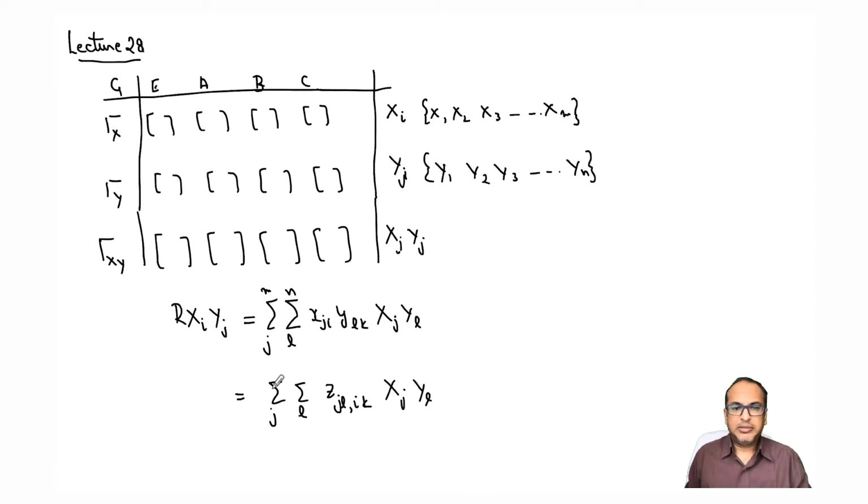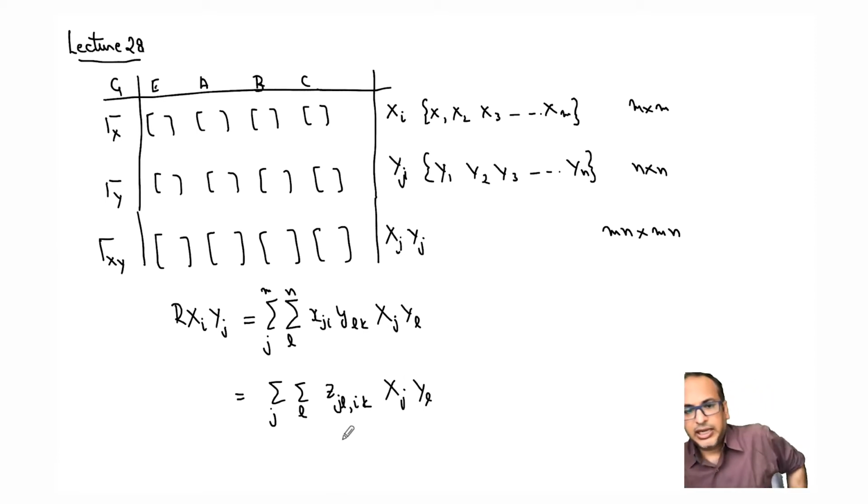So basically this means if this is my m cross m matrix and this is my n cross n matrix, what I get here is an mn cross mn matrix. So Z basically represents the matrix element of mn cross mn. That is, if I have a 3 cross 3 matrix here and a 2 cross 2 matrix here, the direct product matrix will be a 6 cross 6 matrix, right?